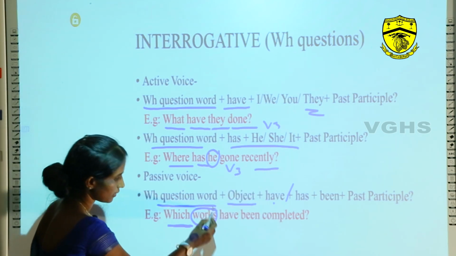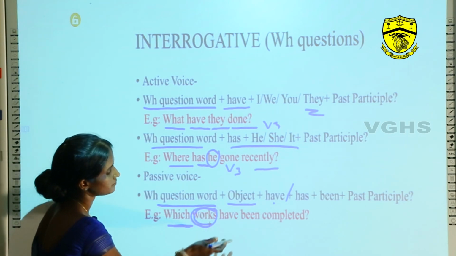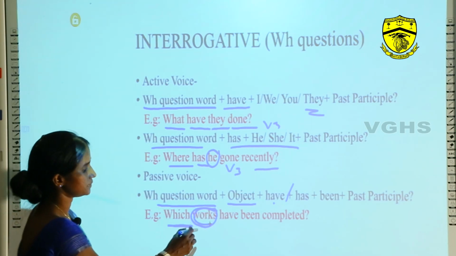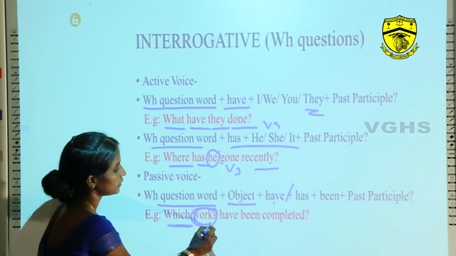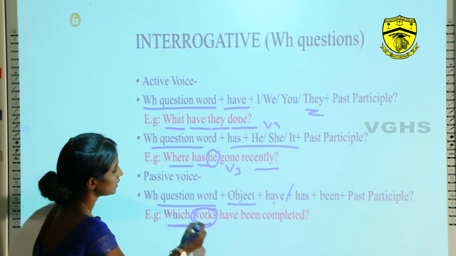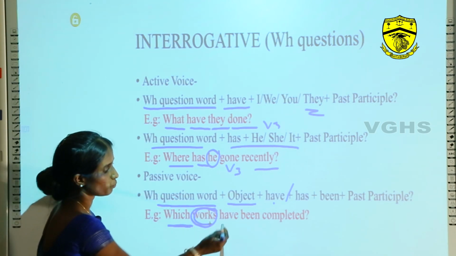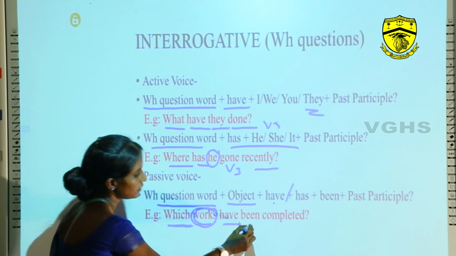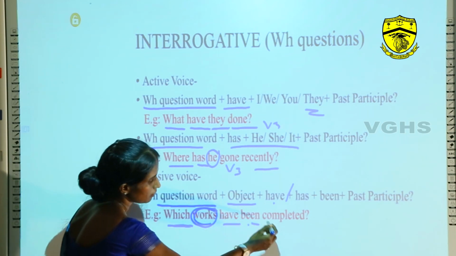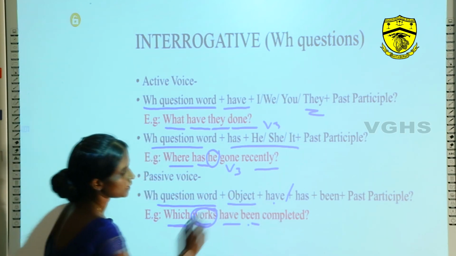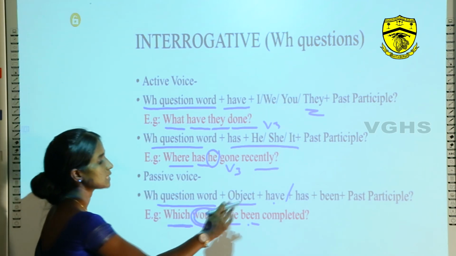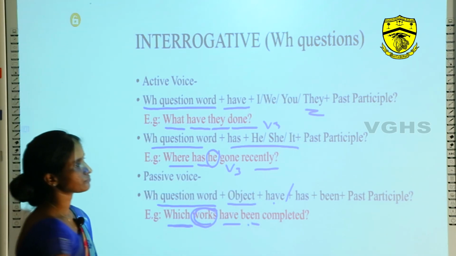In the active sentence it is the object, and in the passive sentence it becomes the subject. Here works is a plural subject, so we put have, then been plus verb 3, the past participle. Which works have been completed?